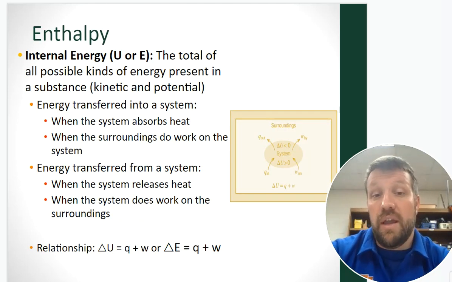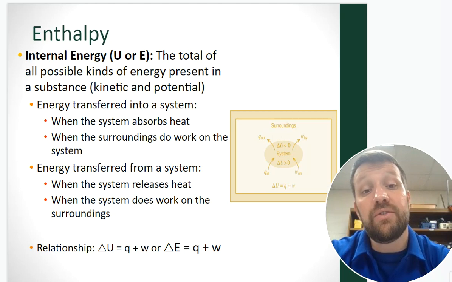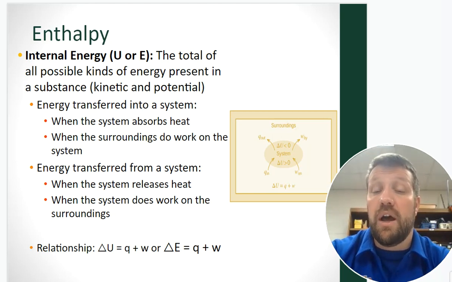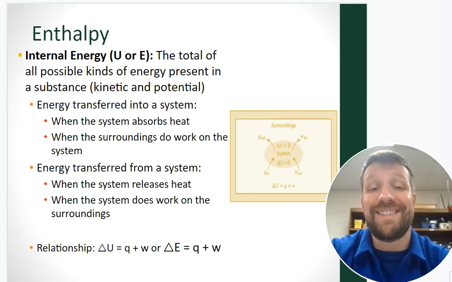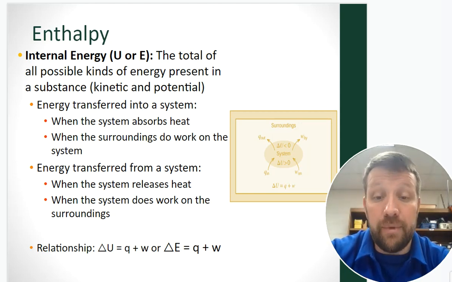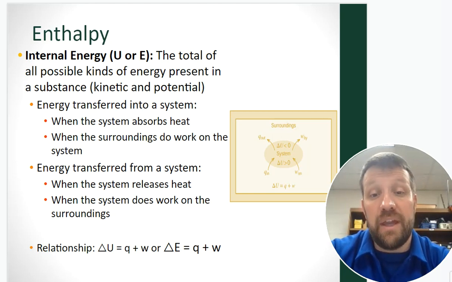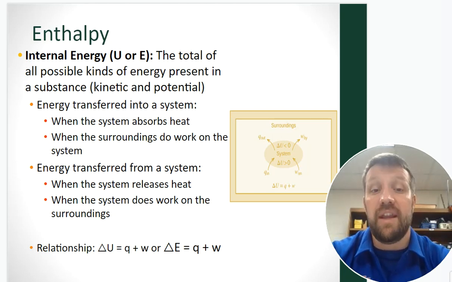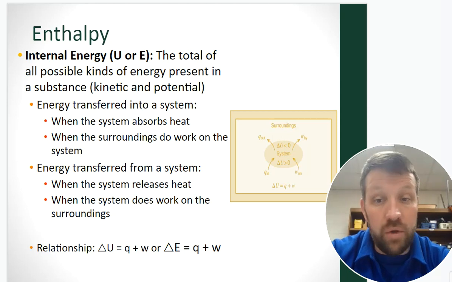Enthalpy. Enthalpy is referring to the internal energy of a system. We might see E, which is your common notation for total energy overall, but really we're going to see capital U often as the enthalpy, or the total energy within a system. So that's the total of all possible kinds of energy present, both kinetic and potential.